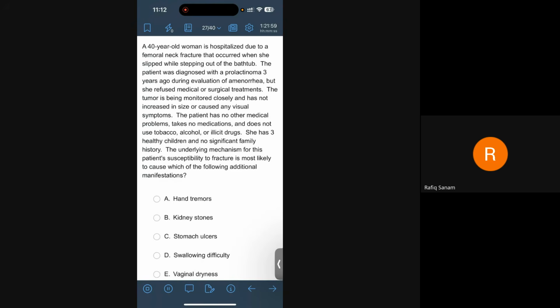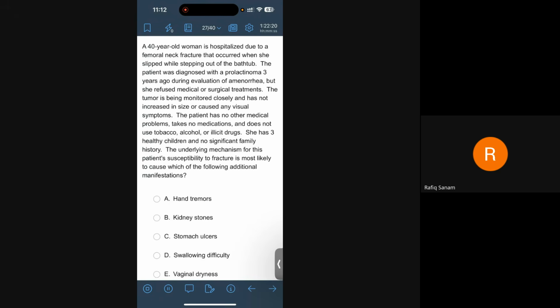A 40-year-old woman. First see all the abnormal findings in this patient. She is hospitalized due to a femoral neck fracture that occurred when she slipped while stepping out of a bathtub.